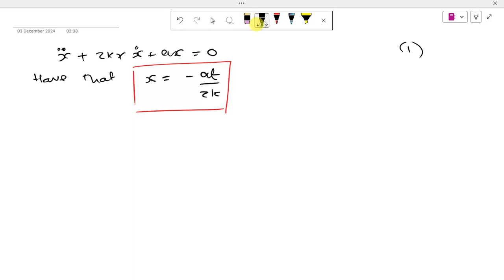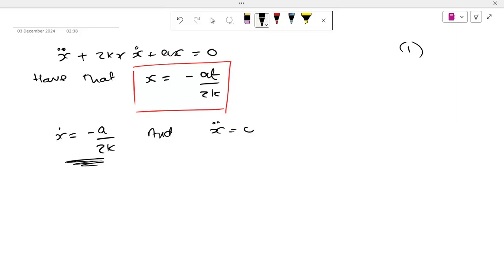Well, if we differentiate x equals minus at over 2k, then we get x dot equals minus a over 2k, because the t just disappears. The dx by dt leaves you with minus a over 2k, and if you differentiate this, you get x double dot equal to 0.